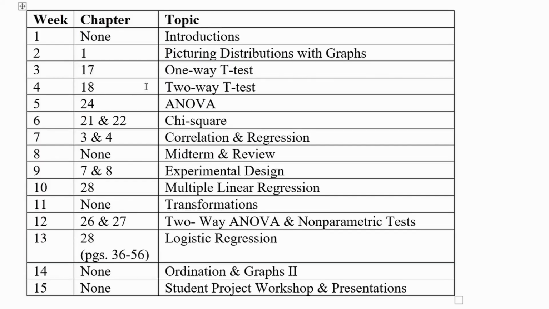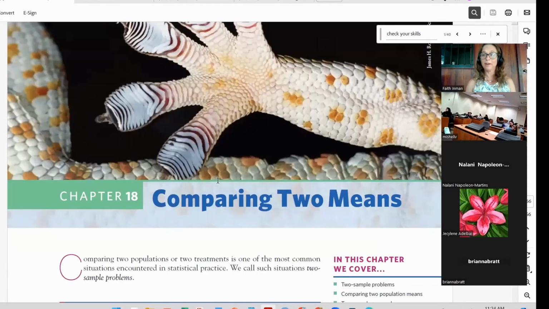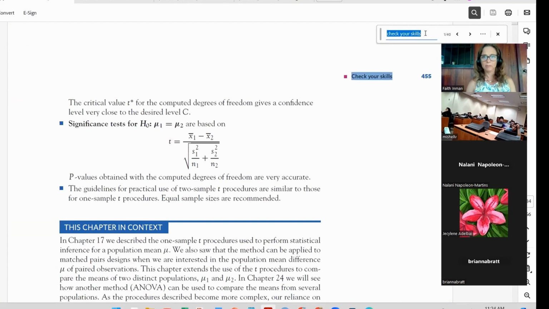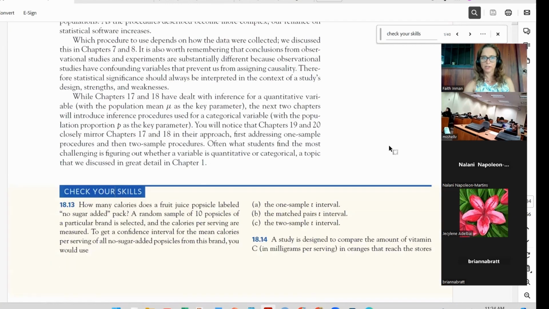Now let's go on to chapter 18 to the two-sample t-test. Okay, so comparing two means. This we spent more time on, right? Comparing two means. And again, if you search for the check your skills, you come down and you find this section on check your skills.